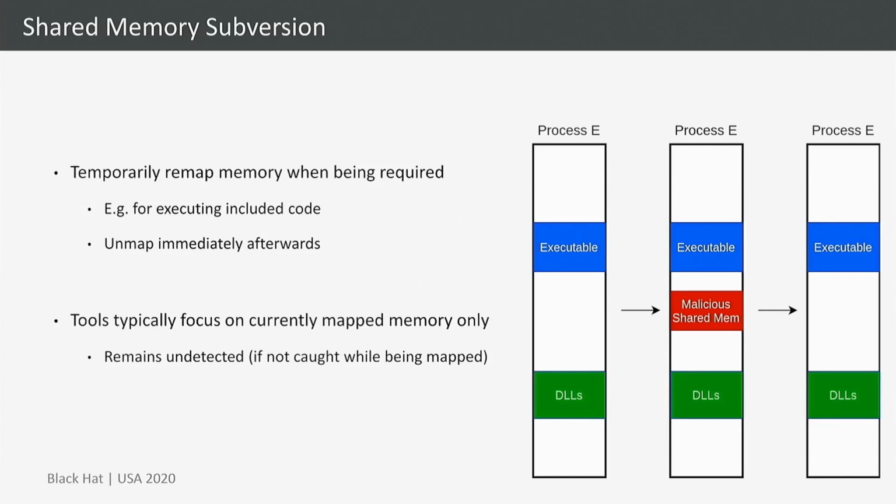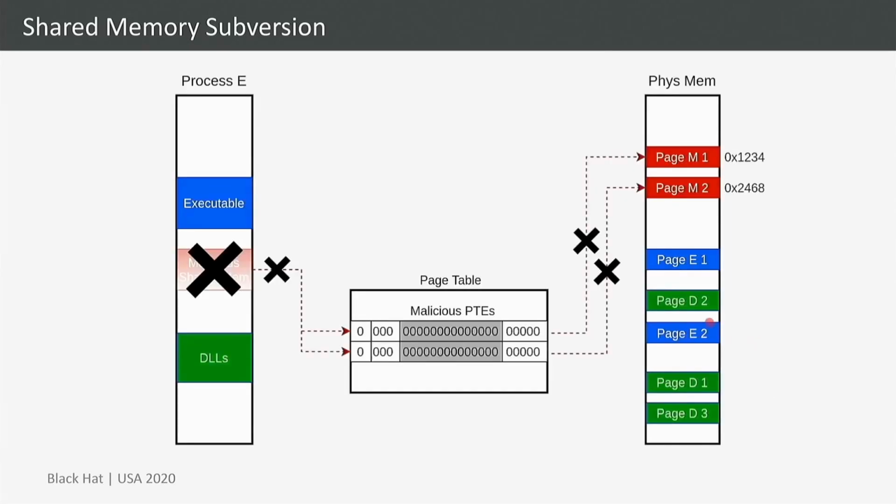So why is it that this memory can't be detected by any of the tools that we will see later? Let's dig a little bit into the details. With the unmapping, what happens in the background is that the page table entries for this shared memory are zeroed. So they are not pointing anymore to the malicious pages. But there must still be some reference to them, because it is possible to remap those pages.